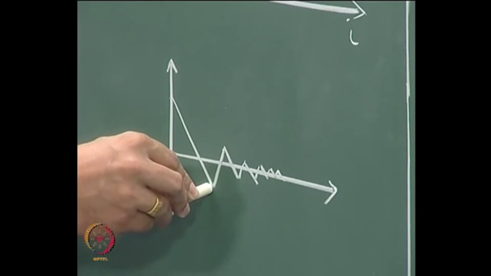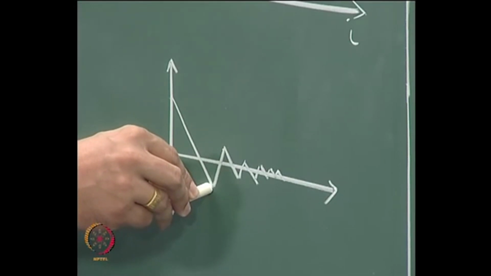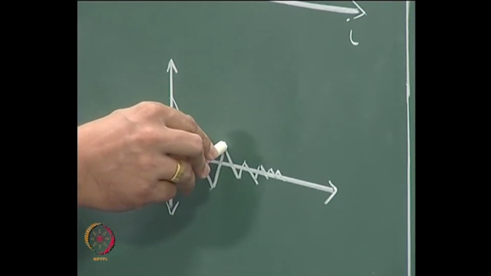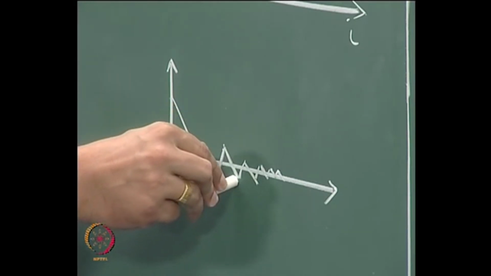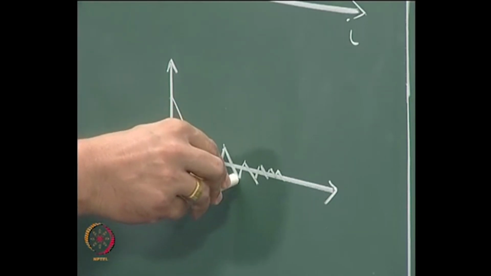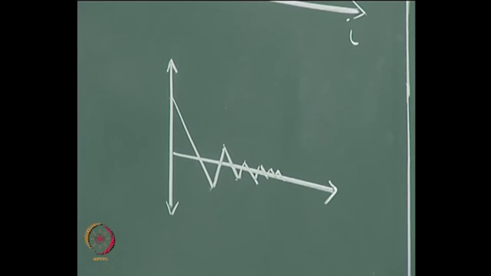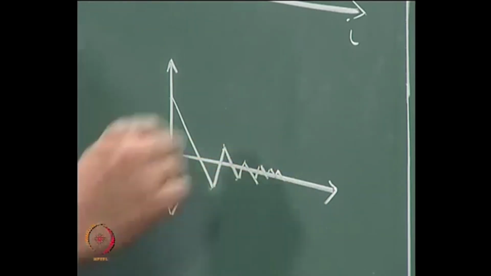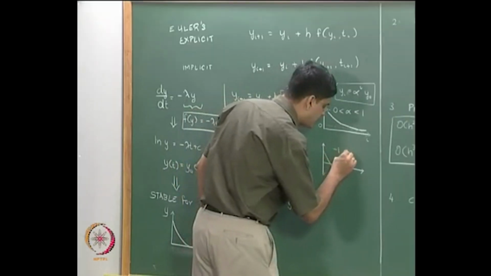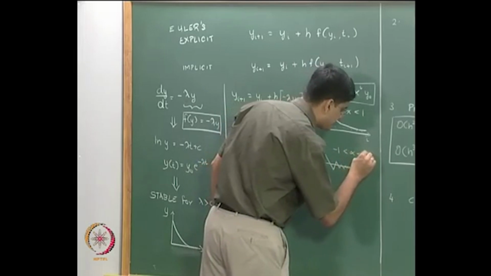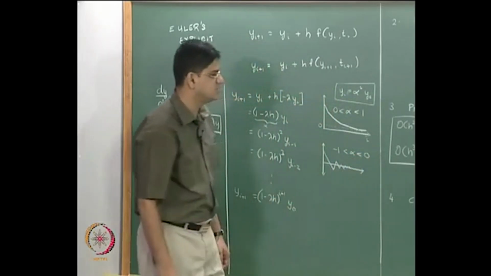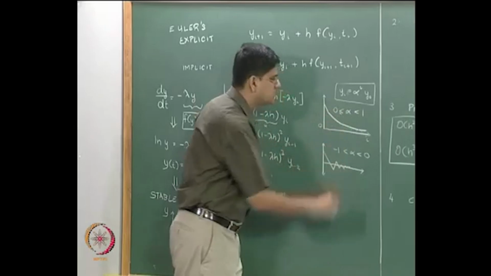Next, y2 is minus half multiplied by y1, and y1 is minus 0.5, so y2 becomes plus 0.25, y3 becomes minus 0.125, y4 becomes plus 0.0625, and so on and so forth. So for this behavior we need alpha to be between minus 1 and 0, or actually I should be writing this as less than or equal to.